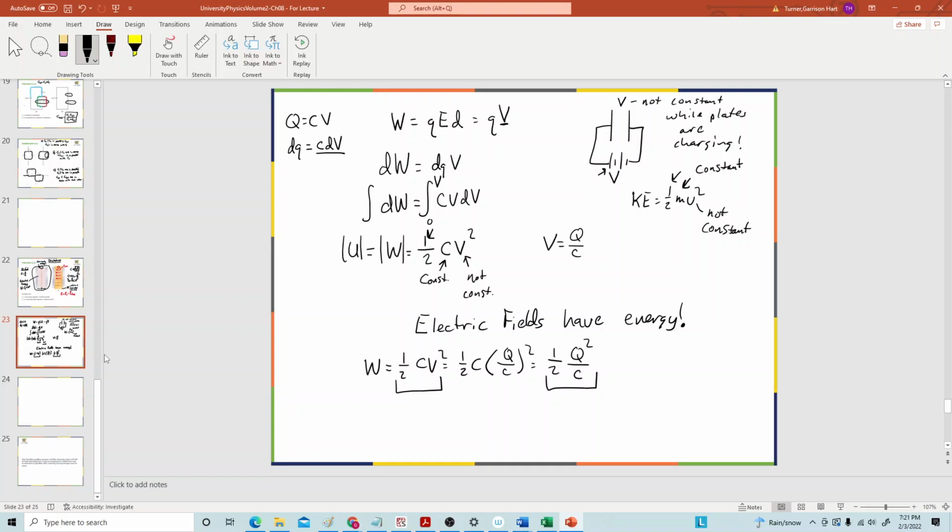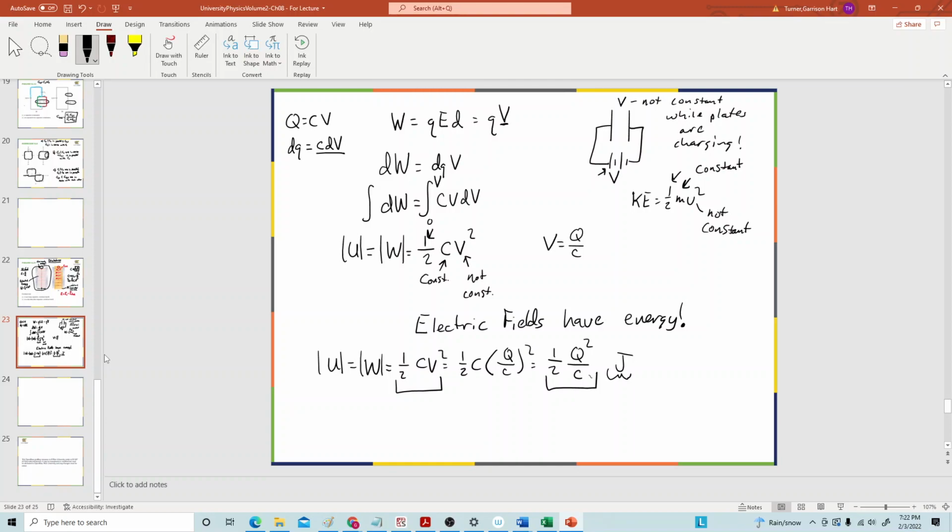And so if you know the capacitance and the potential, or if you know the charge and the capacitance, you can get the total amount of potential energy in joules. If your charge is in coulombs, if your capacitance is in coulombs per volt, and your potential is in volts, then you can get your energy in joules.